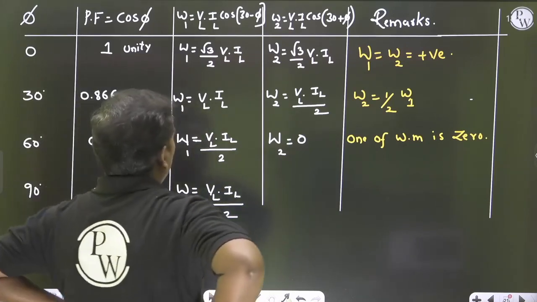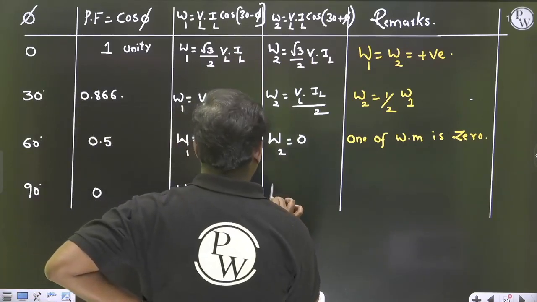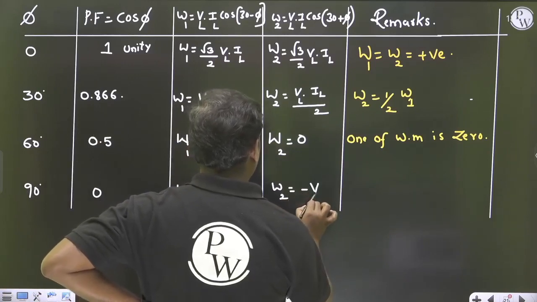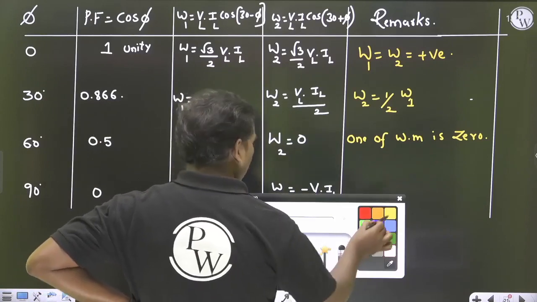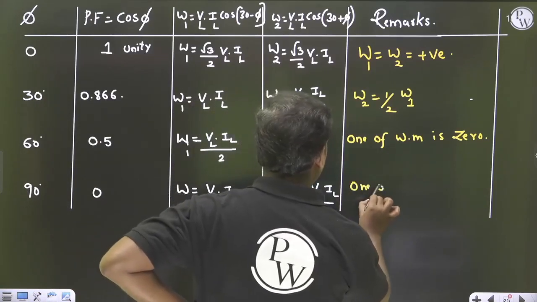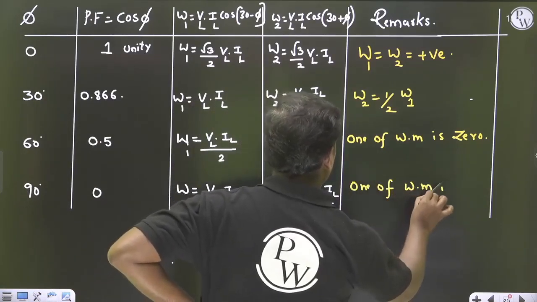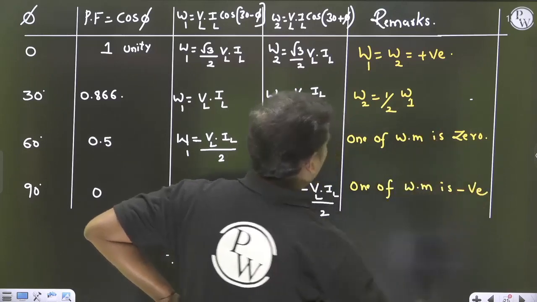This will be minus half VLIL. So one of the wattmeter readings is negative. So what is the conclusion?